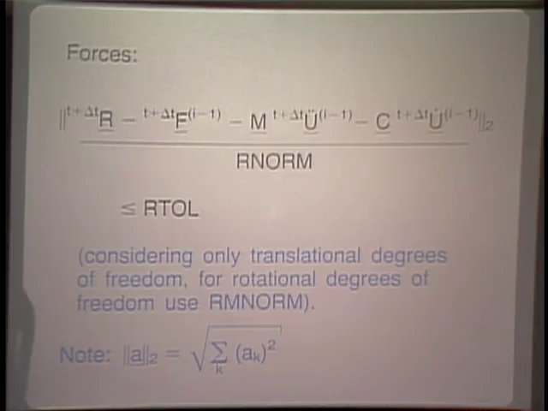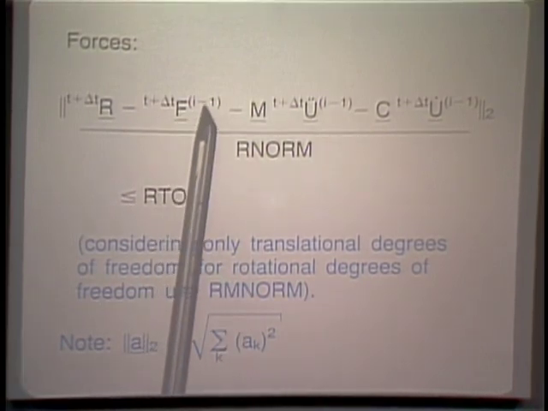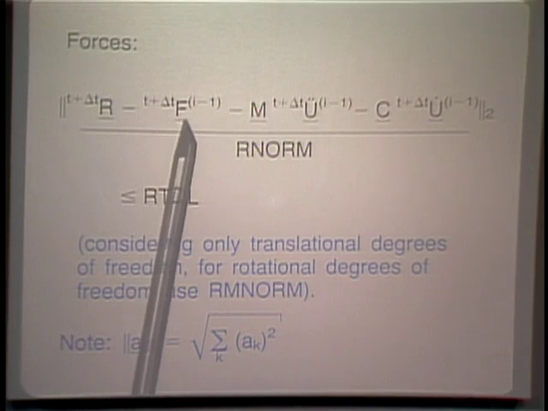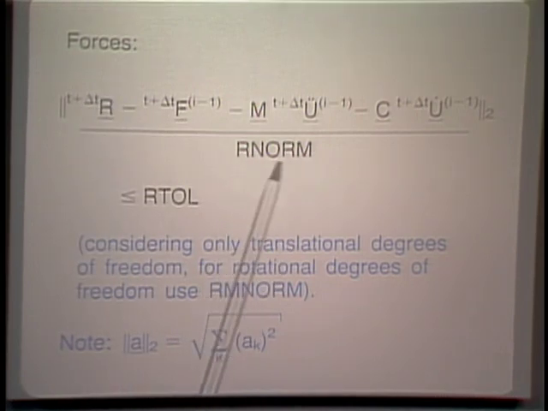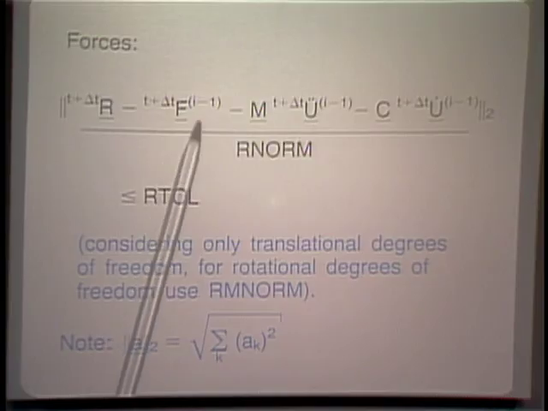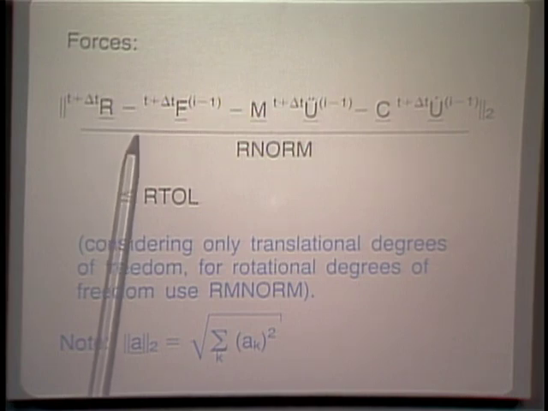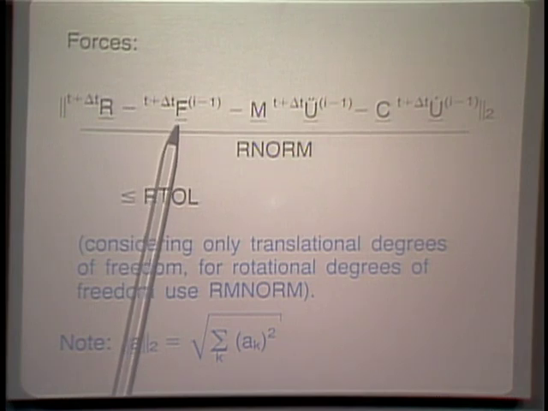Once again, if we only have translational degrees of freedom, then of course here we have only nodal point forces, and R norm would have the dimensions of a nodal point force. If we have rotational degrees of freedom, then we still include here only the nodal point forces.